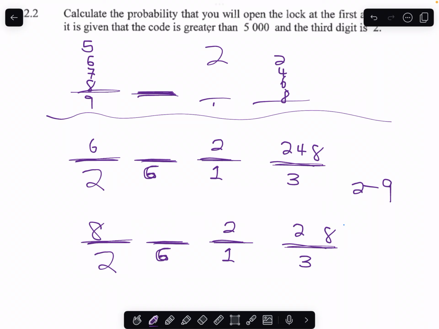So then here our options are 2, 6, or 8, but I'm thinking of them as one option. So I'm thinking of the case where we start with a 6, then it's going to end with 2, 4, or 8. Here we only have one option, we know the third digit is 2.